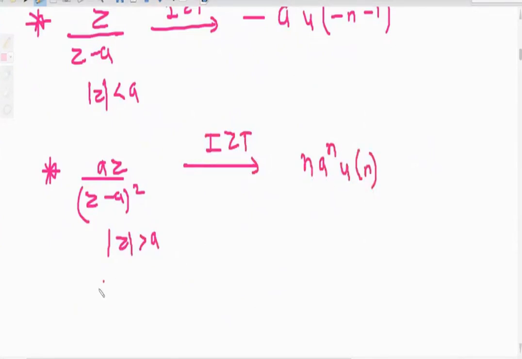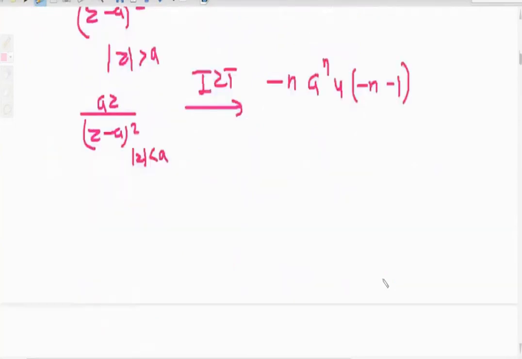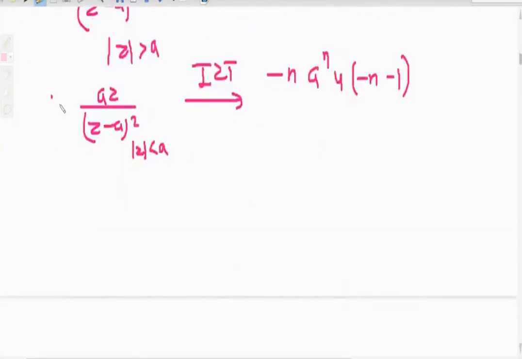And what will be the inverse Z transform of a z upon Z minus a whole square with ROC magnitude Z less than a? In this case, the inverse Z transform is minus n a raised to n u of minus n minus 1. All these formulae you are supposed to remember.